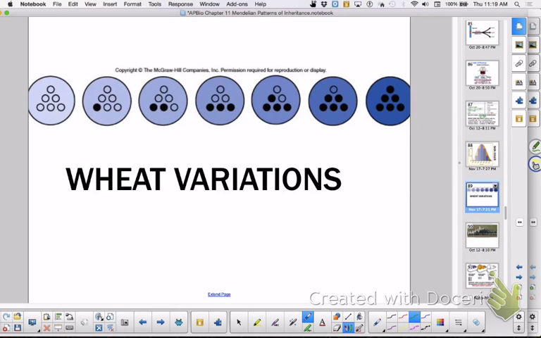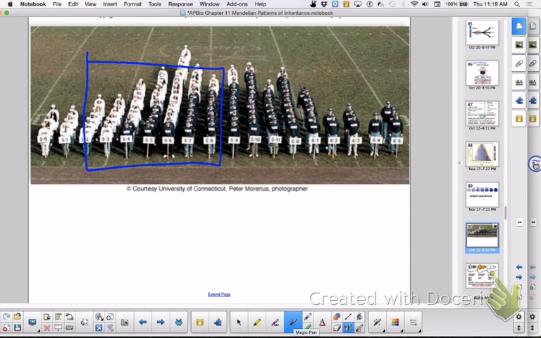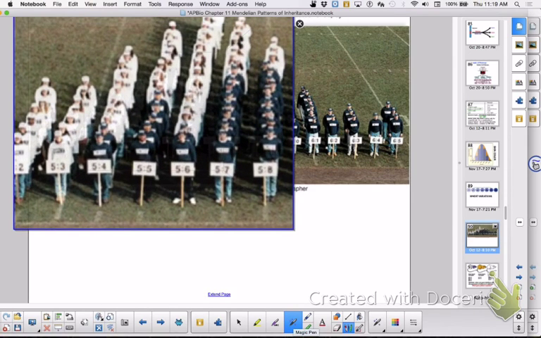Here is wheat varieties in the coloration, you have all these different varieties. And then here is height. We don't just have tall people and short people. We have all different variations in height, and you can see that here they lined up. The women are in white, the men are in blue, and they lined up behind their height.